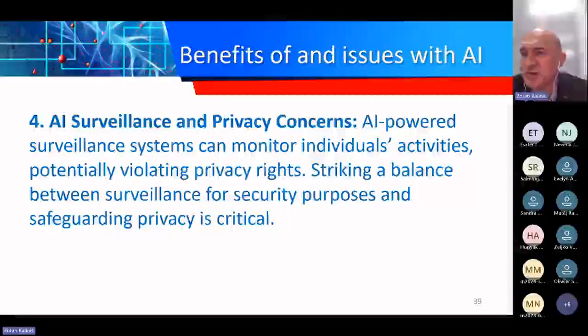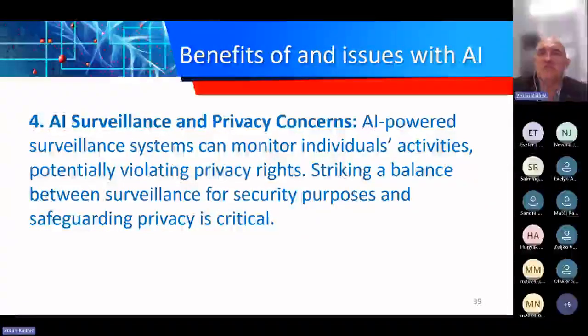Many of them are based on artificial intelligence, and you know that in many countries there was discussion that Huawei, for example, was developing very sophisticated systems with a lot of cameras and a system that could recognize each individual person from these cameras, and this was forbidden in many countries.